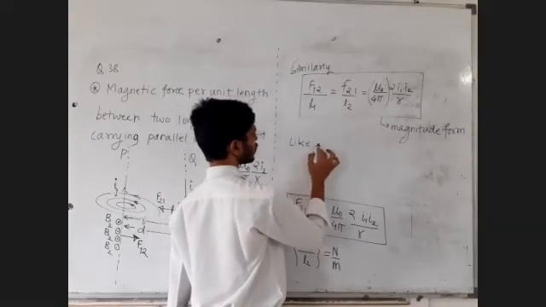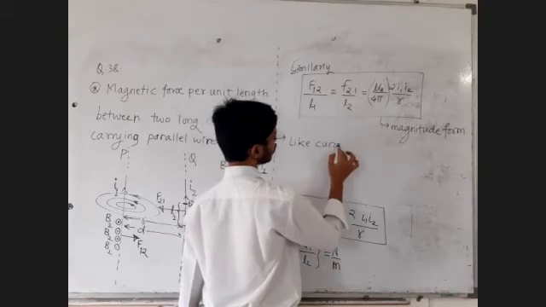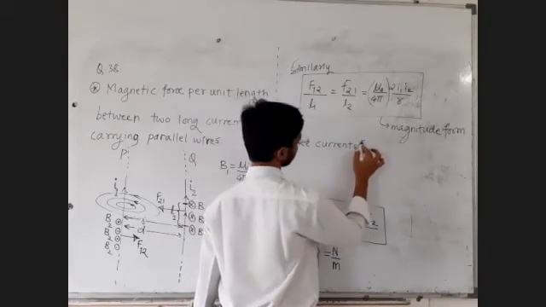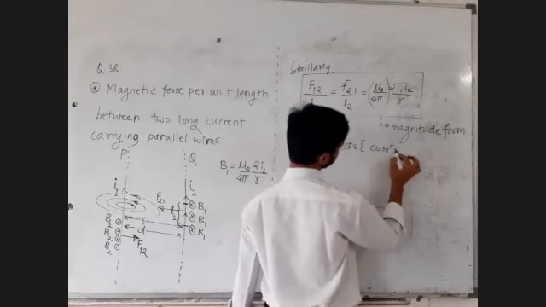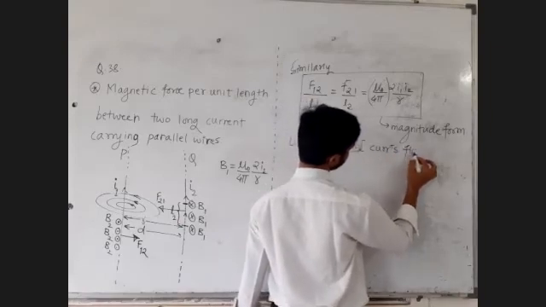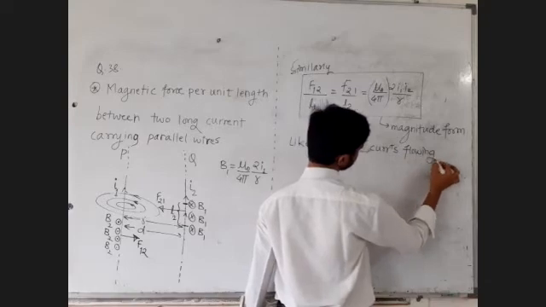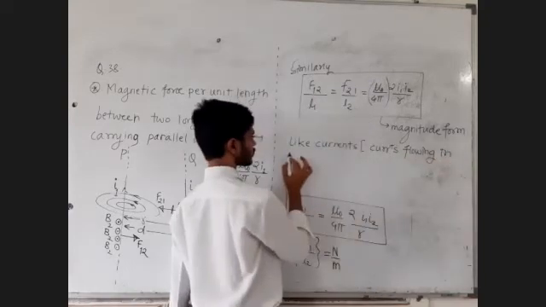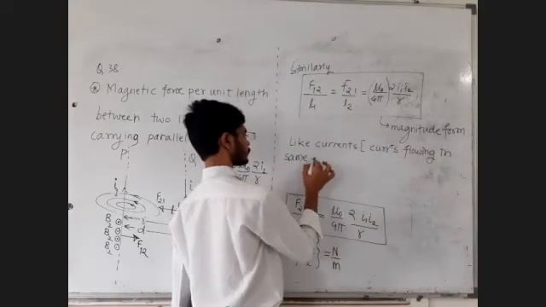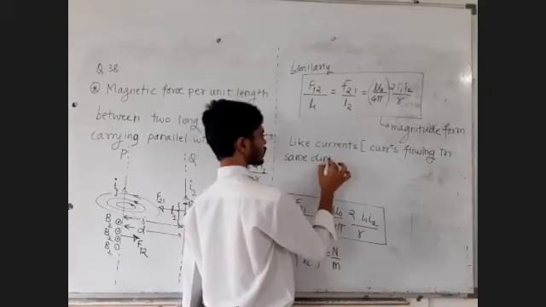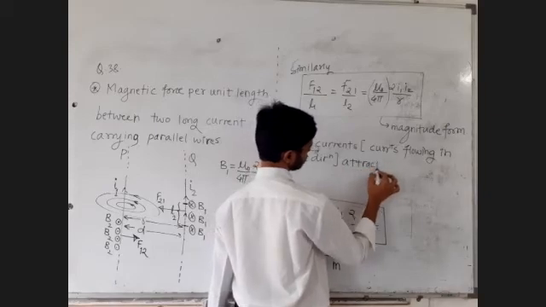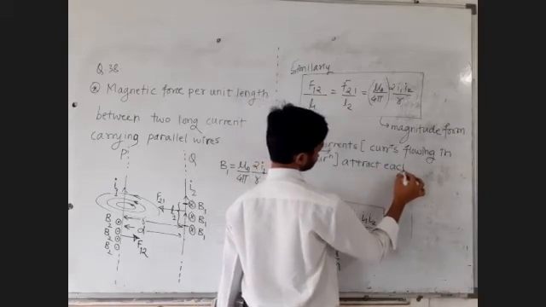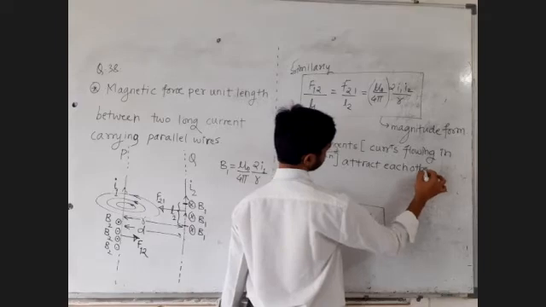Like currents means currents flowing in the same direction. Like currents attract each other. Remember this. Like currents attract each other.